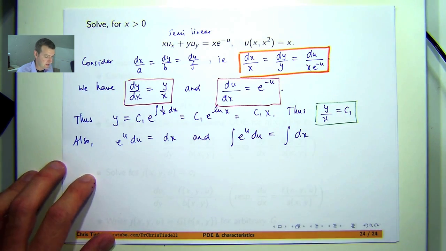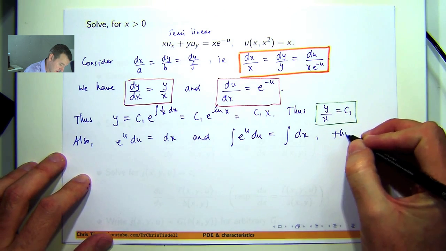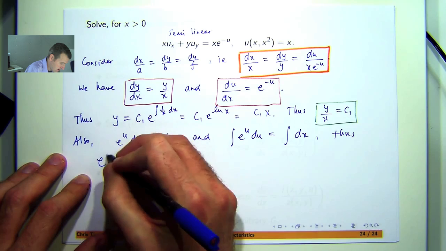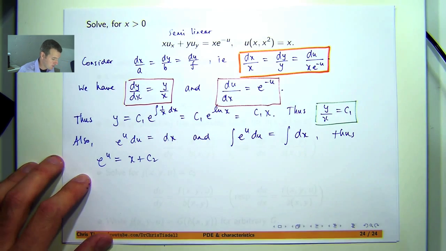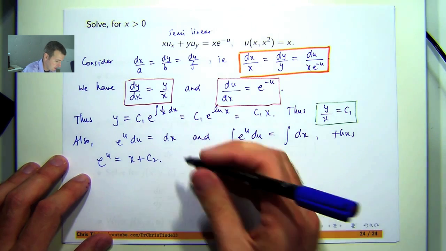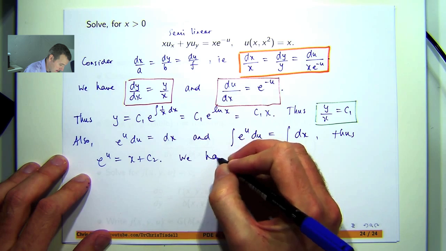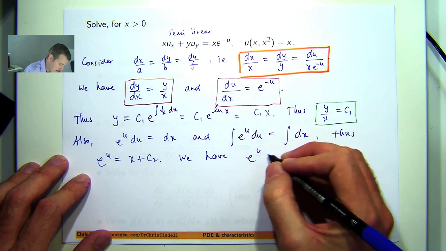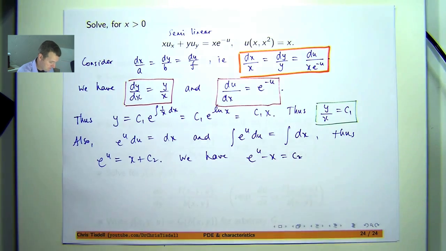On the right-hand side, I'll get something like x plus another constant. So you call it C2. Let's isolate the C2 here.